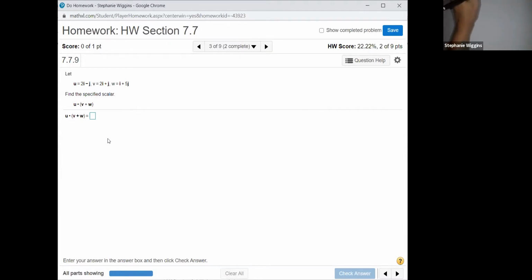So example 2, I'm just going to copy this down real quick on the paper. U is 2i minus j, and notice how they're using the bold instead of the little vector symbols, but U equals 2i minus j. All right. V equals 2i plus j.